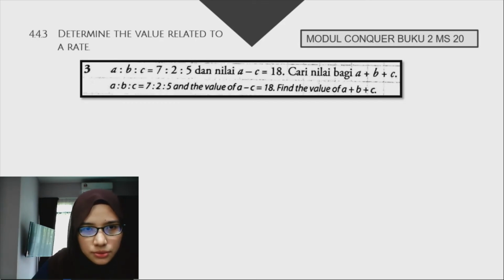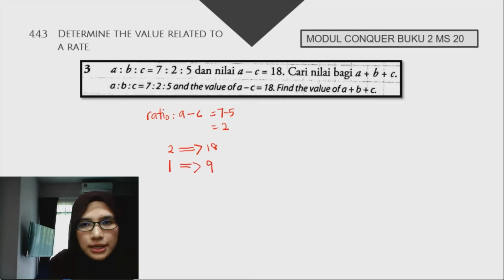So we need to compare the same value in ratios. Ratio a minus c is 7 minus 5, that is 2. So 2 in ratios is equal to 18 in real value. What happens if 1 unit of ratio? We have 9 units in real value.